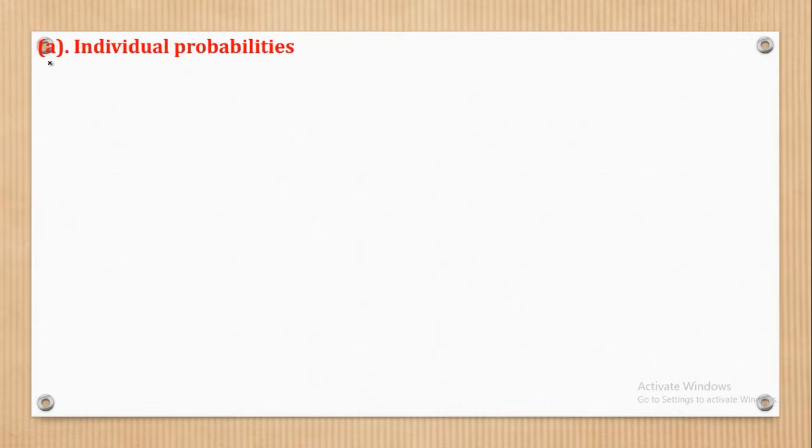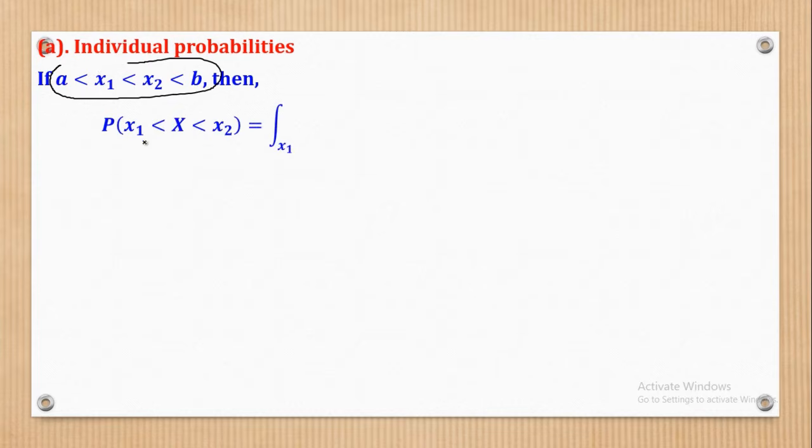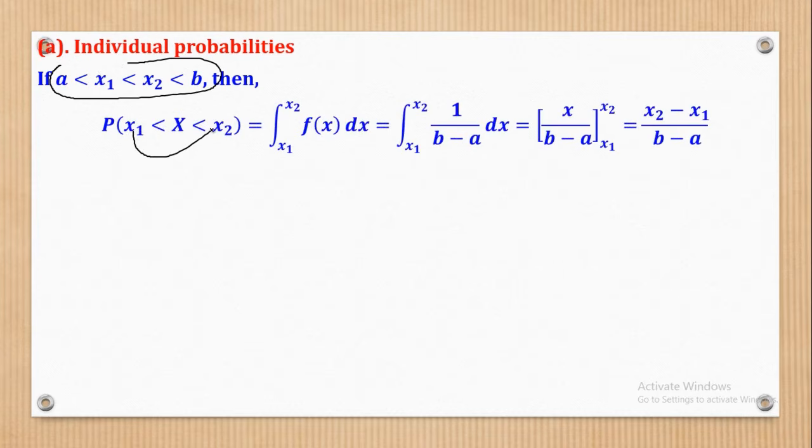So let's go to individual probabilities. If x1 and x2 are within this given interval of A and B, enclosed by those two values A and B, it implies that the probability from x1 up to x2 is given by the integral from x1 to x2 of f(x) with respect to x.